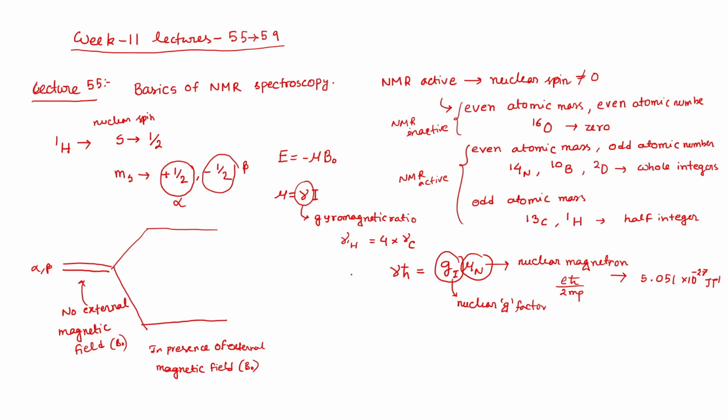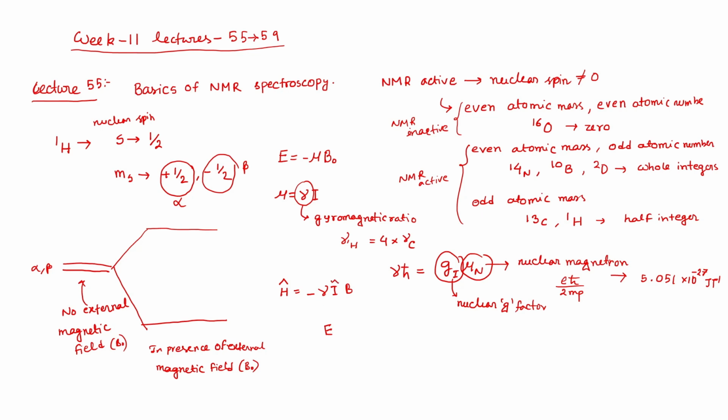Now if I replace the mu by gamma I, I am going to get that our energy, or you can say the Hamiltonian, is actually minus gamma I dot B, where I here is the vector.